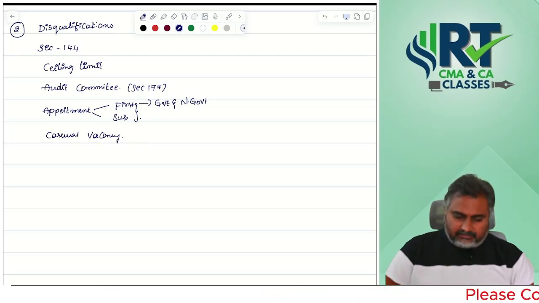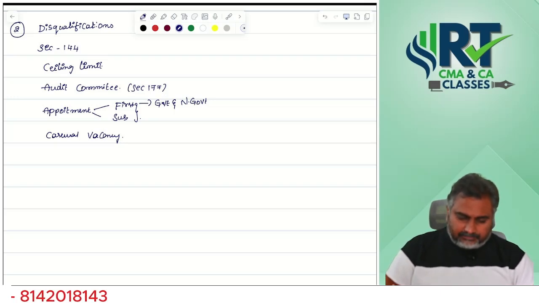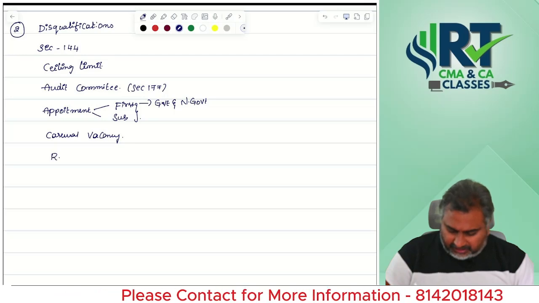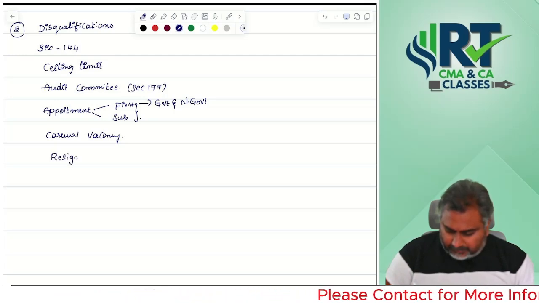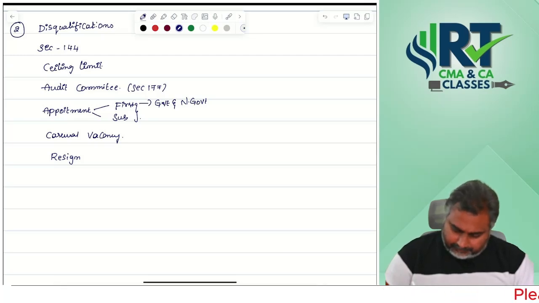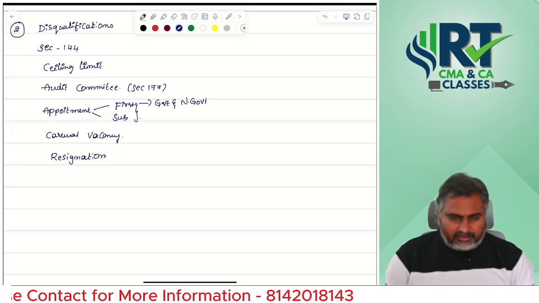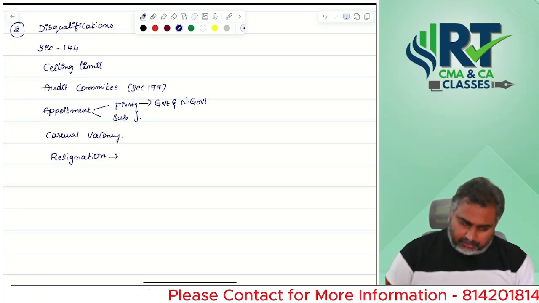Casual vacancy, you also need to focus on that. Next, at the time of resignation by the auditor, what does he need to perform?